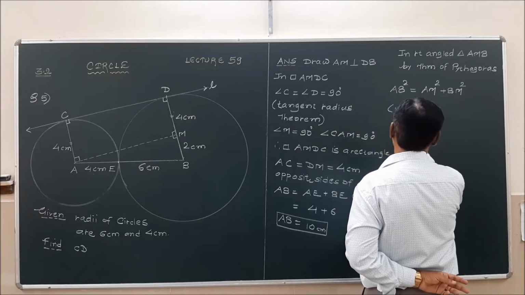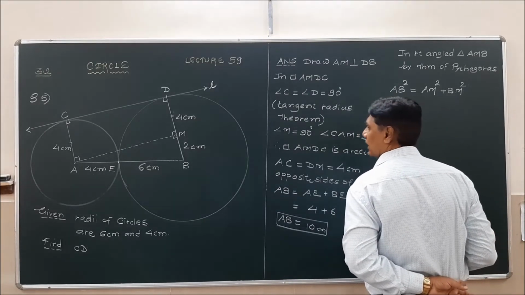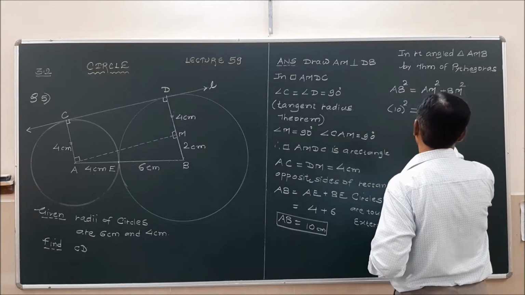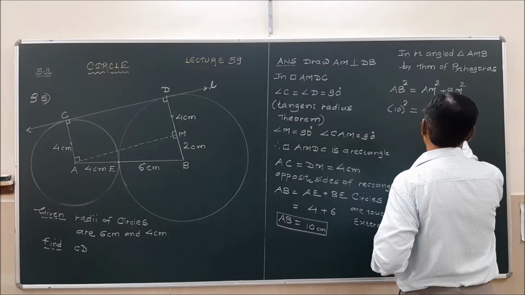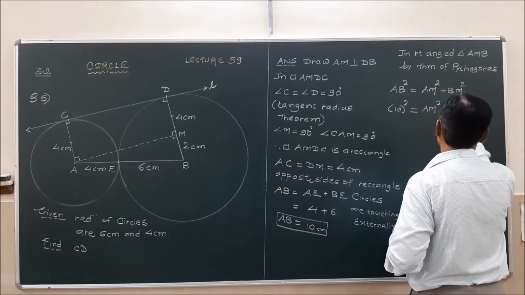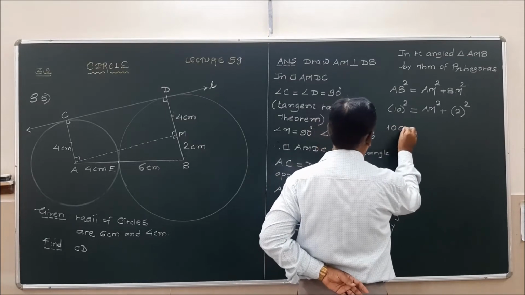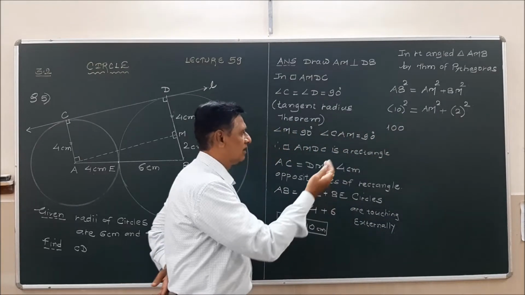10 square is equal to AM square plus BM square, and BM is given as 2. Square of 10 is 100.